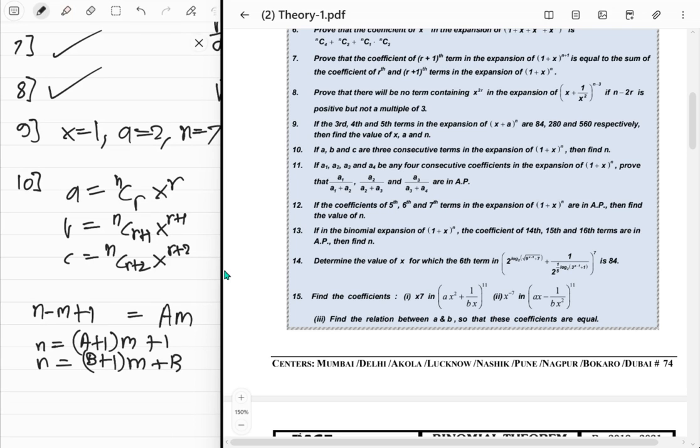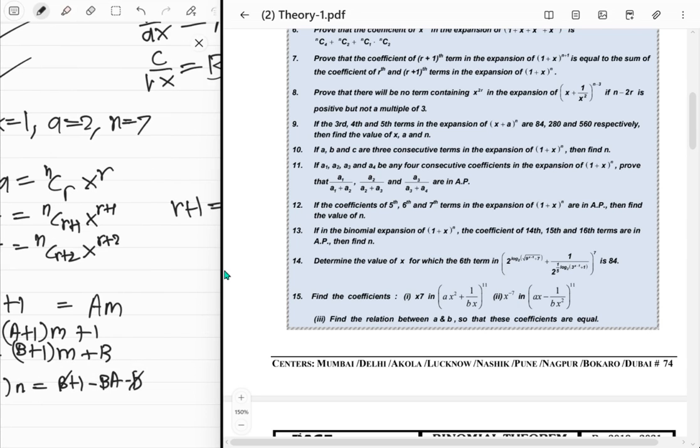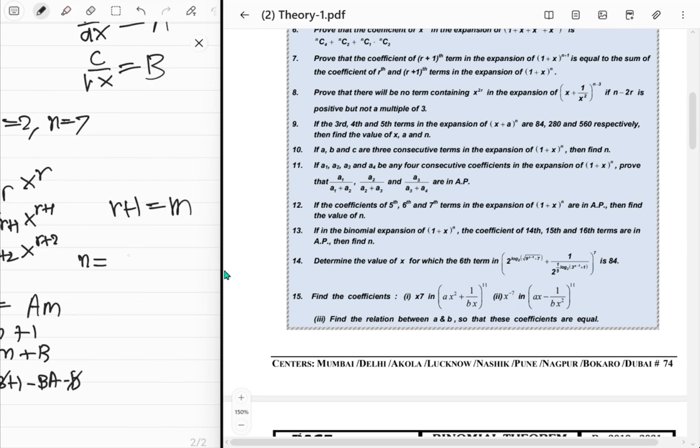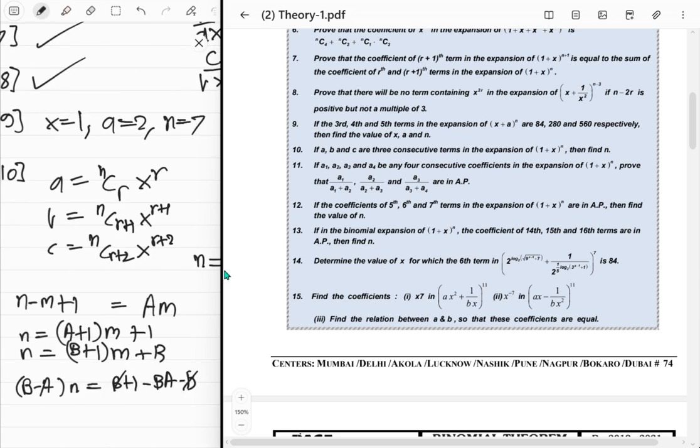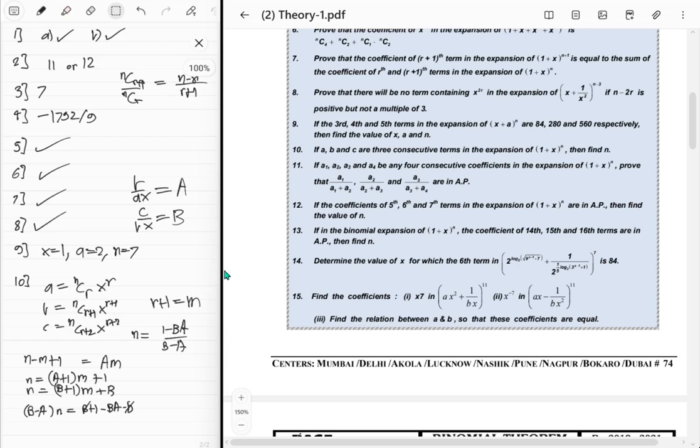Multiply b plus 1 over here, a plus 1 over here, subtract, and we get b minus a times n is equal to, these are gone now, and then b plus 1 minus a plus 1 times, like ab, and minus b. So n will just be 1 minus ba upon b minus a.